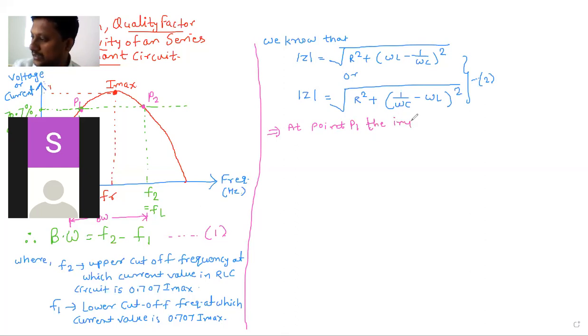The impedance at point P1 is under root 2 into R. Anyone can tell how it came? At point P1, the impedance is under root 2 into R. This is given in the book, but how did it come? Can anyone prove it?